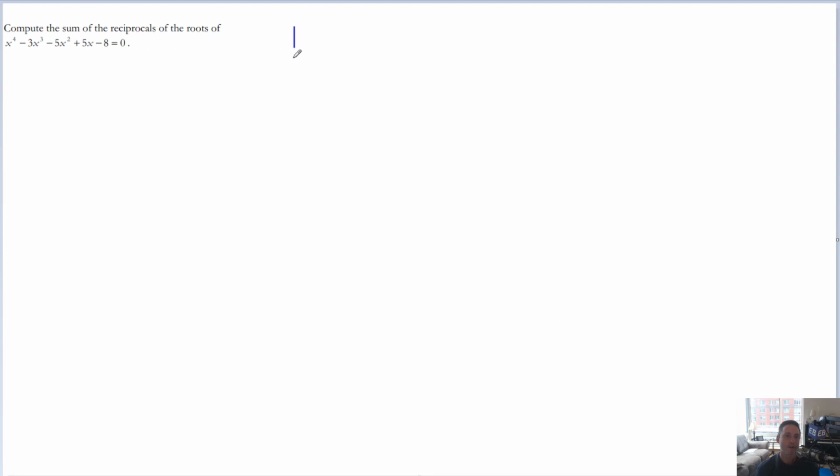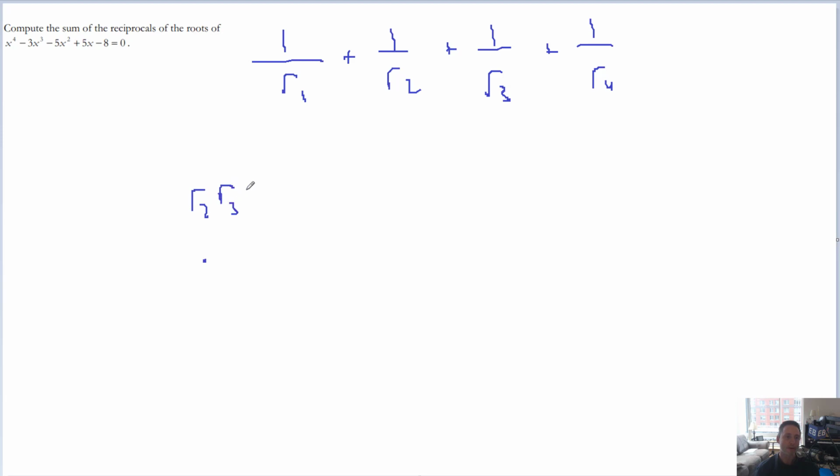Okay, I'm back. So the sum of the reciprocals of the roots, let's write it all out here. 1 over r1 plus 1 over r2 plus 1 over r3 plus 1 over r4 is actually equal to r2 r3 r4 over r1 r2 r3 r4.